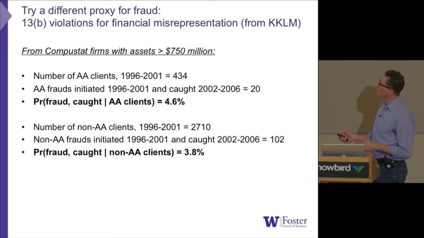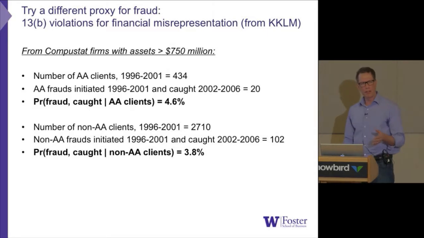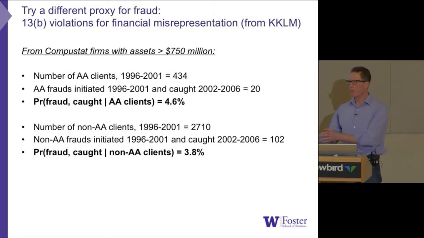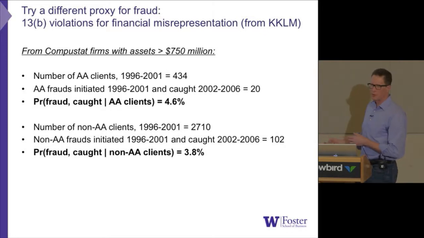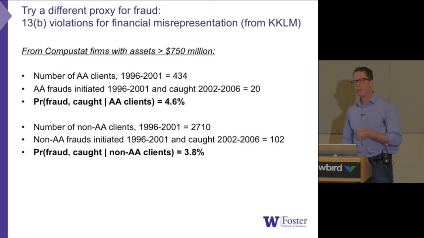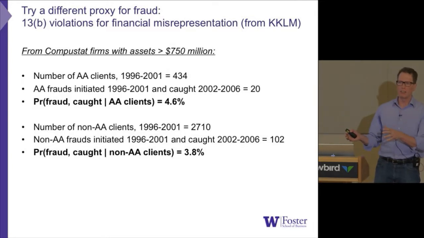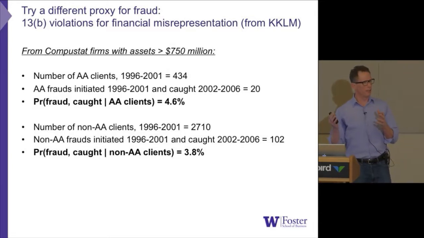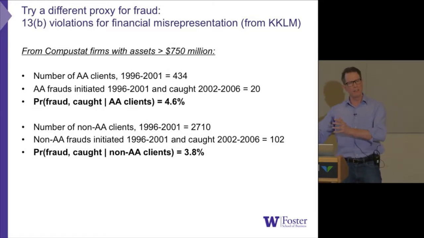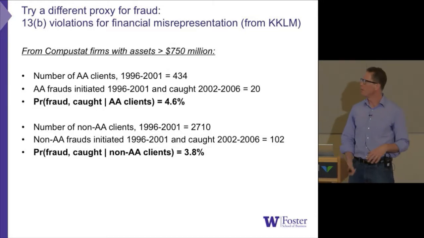So I used the same filters that the authors use and find that the fraction of Arthur Andersen firms that were committing fraud in this period before the meltdown and that were caught in the period after the meltdown is 4.6%, which is a bigger number than you get using the proxy that is used in the paper, which is taken from the Stanford securities class action database, which is going to capture simply a different indicator of wrongdoing.